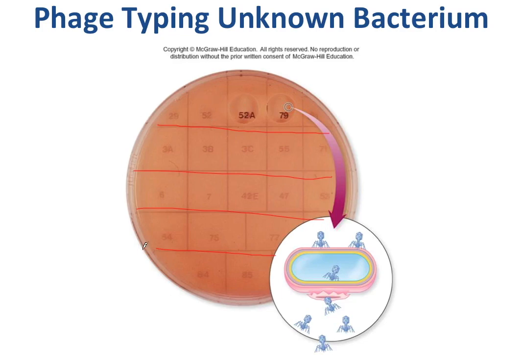This plate is grown with the bacteria. If we put different phages on each region, this phage, we know, can cause the death of the bacteria. So we can know what bacteria it is.